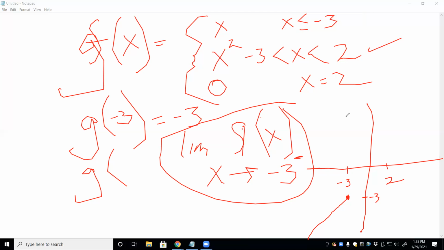So it's an open circle there, and it's a parabola that goes like this.